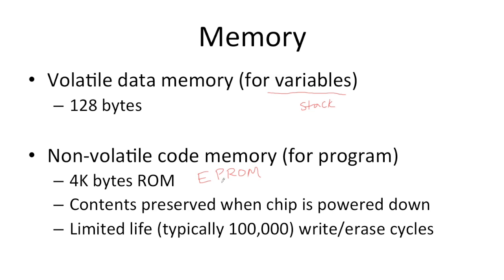Essentially, you get around 100,000 or so write and erase cycles. The nice thing about this is even when your microcontroller is powered down, the program does not get removed from memory. So when you power it back on, it starts executing the last program that was stored on this ROM.